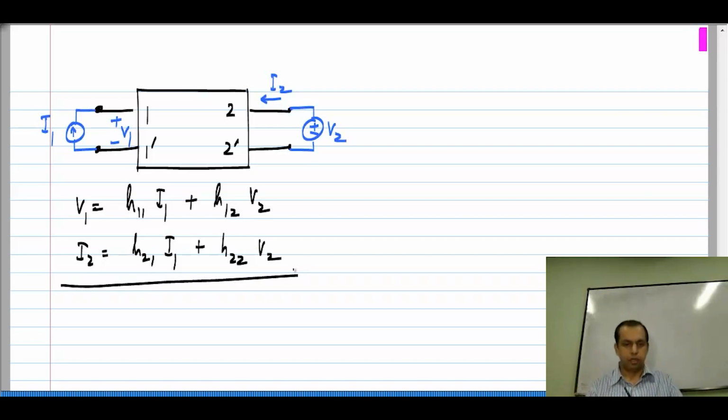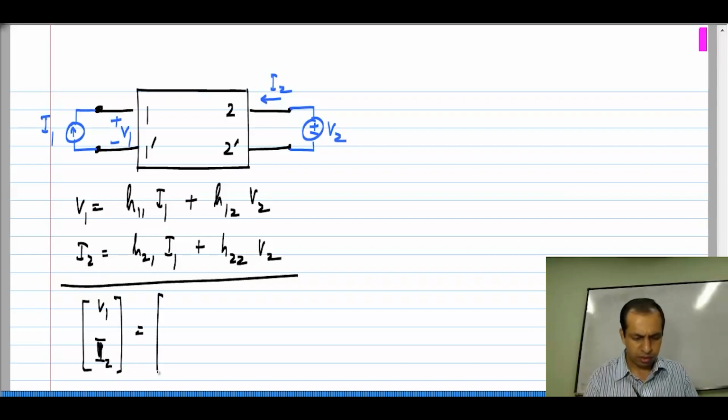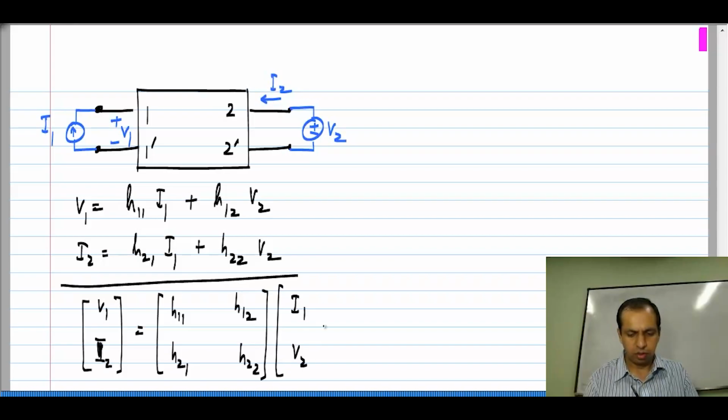Okay. In other words, this vector V1, I2 equals the matrix H11, H12, H21, H22 times the vector I1, V2. Okay. Now, this is denoted by the letter H to denote that they are hybrid.